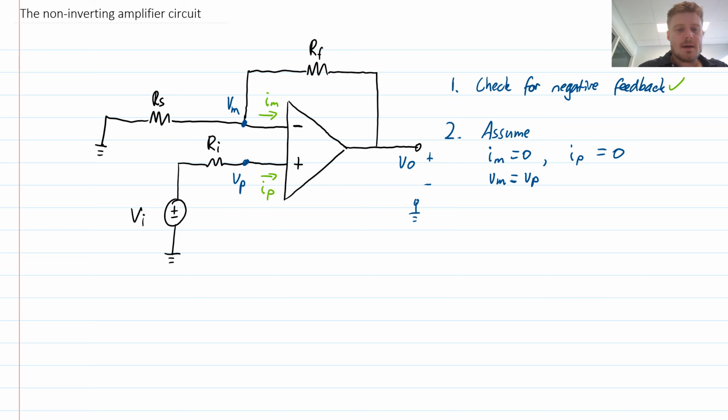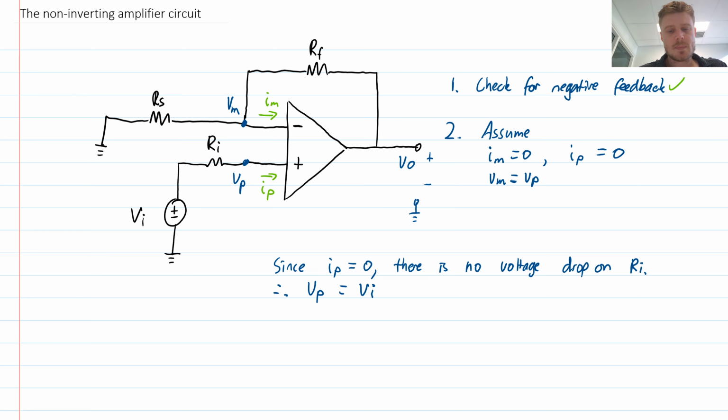So let's make a note about that. Since Ip is equal to 0, there is no voltage drop on Ri. So therefore, our voltage Vp is equal to our input voltage Vi.